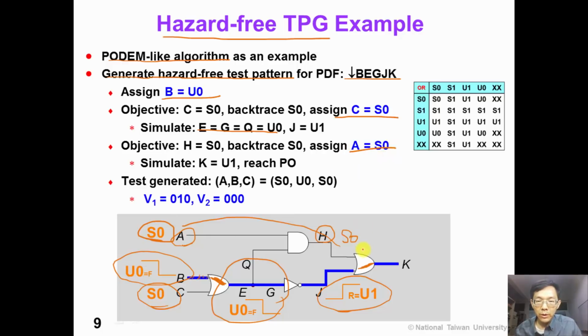And we perform simulation and eventually the rising transition U1 reaches primary output K. So the test is successfully generated. A, B, C are static 0, U0, and static 0. So test vector 1 is 0, 1, 0, and test vector 2 is 0, 0, 0.